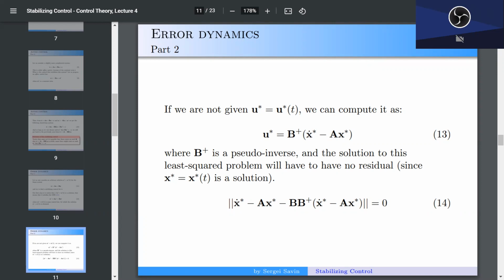A pseudo inverse is a solution for a least squares problem, right? That is one way to introduce it. I think also it's an inverse that works only from one side, so not an inverse that works in both directions, like b minus 1 b or b b minus 1.